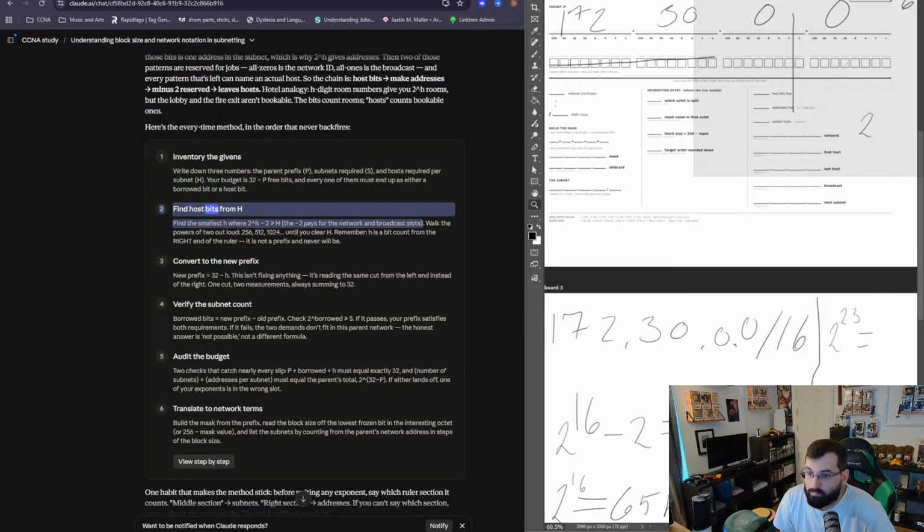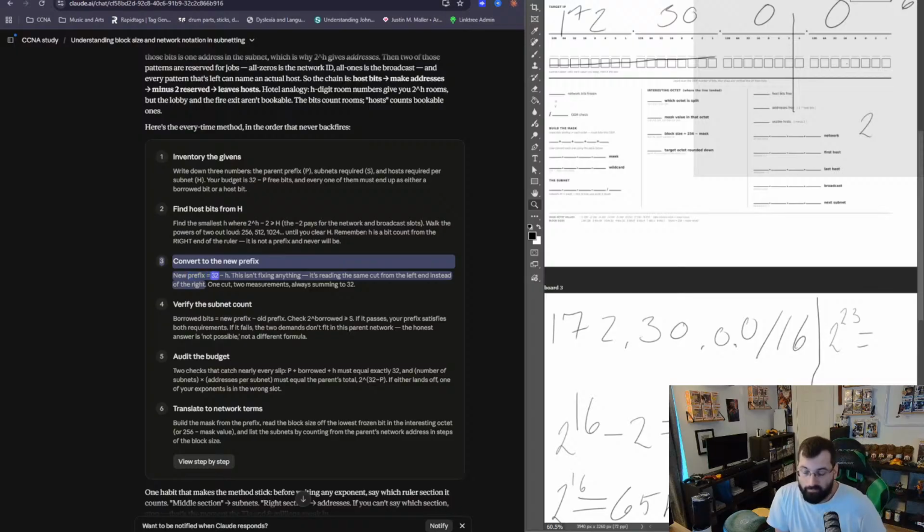To find host bits h from H, find the smallest h where 2 to the power of h minus 2 is greater than or equal to H. The minus 2 pays for the network and broadcast slots. Walk the powers of 2 out loud: 256, 512, 1024, until you clear H. Remember, h is a bit count from the right end of the ruler. It is not a prefix and never will be. 3. Convert to the new prefix, equal to 32 minus h. This isn't fixing anything, it's reading the same cut from the left end instead of the right. 1 cut, 2 measurements, always summing to 32.